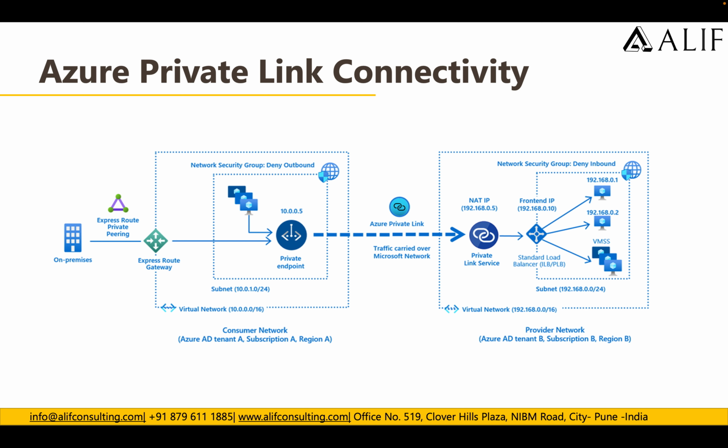This is how your private link connectivity looks. If you see, we have a private endpoint which is associated with the VM, and then we have a private link which is associated with the standard load balancer.